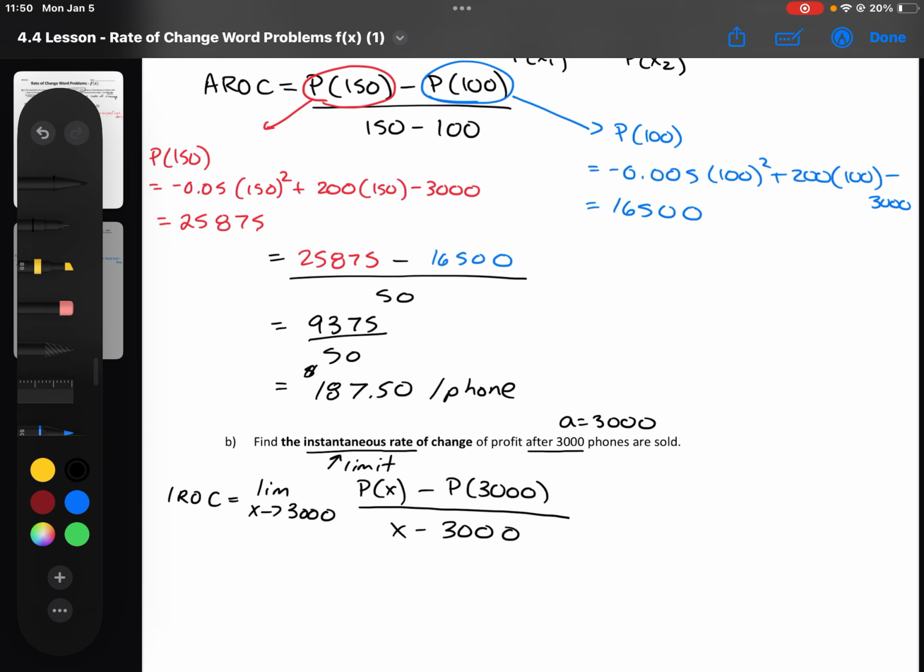just plugging into my function. So now if I go to evaluate p at x, that is just the function that I'm given. Not 150, should be x. So we've got p at x, x squared plus 200x minus 3,000.